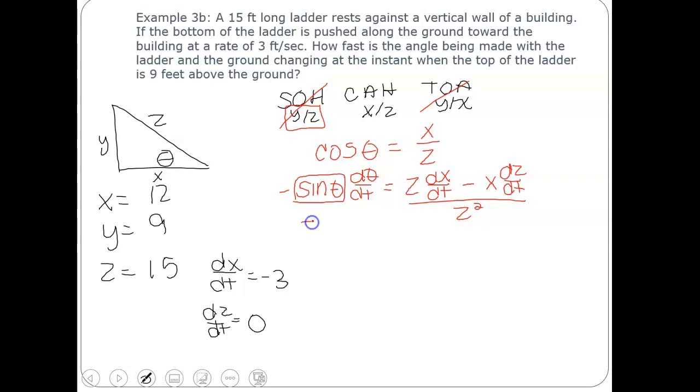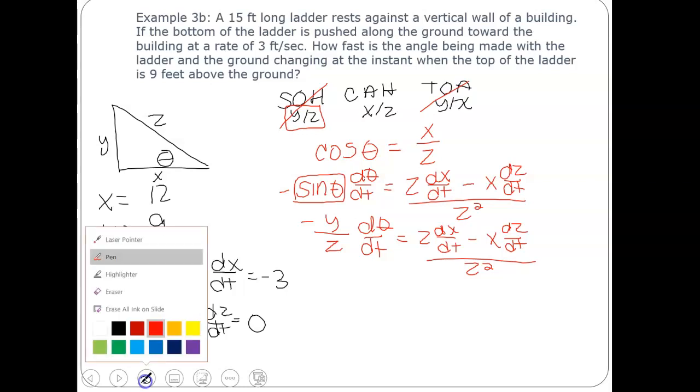So this becomes negative y over z d theta dt equals z dx dt minus x dz dt, all over z squared. Now, plug in what you know and simplify what you can.